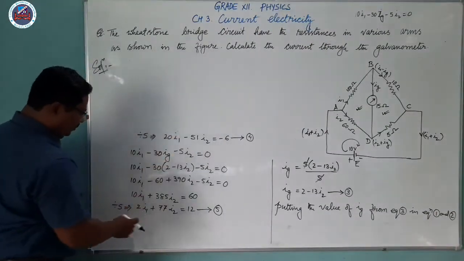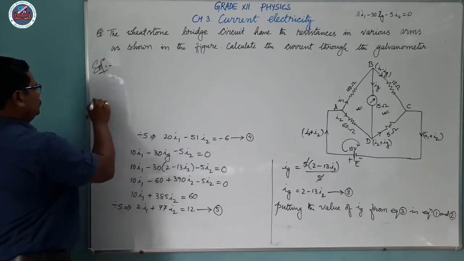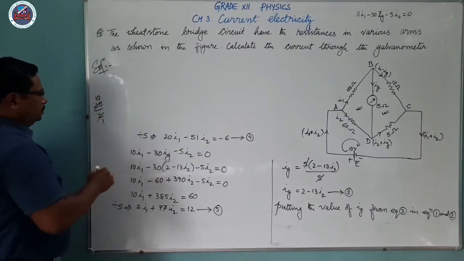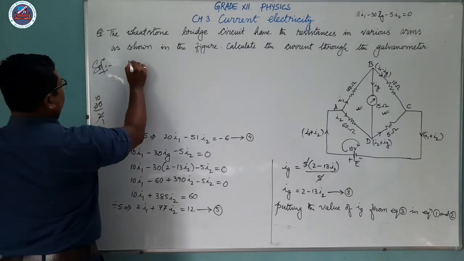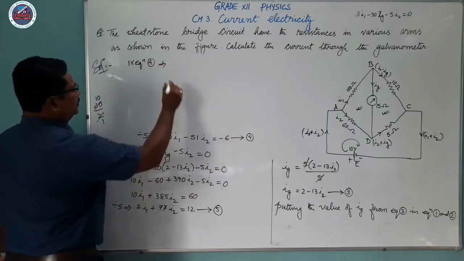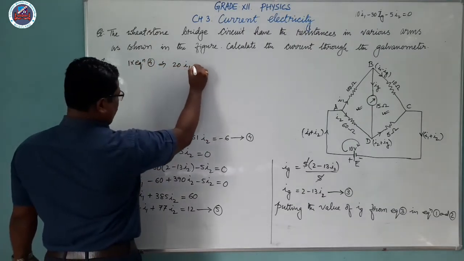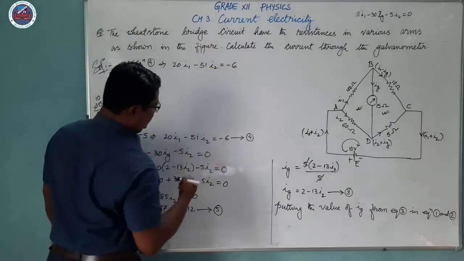We can check the coefficients 2 and 20, 20 and 2. 2 tens are 20, 2 ones are 2. So with 1 we will multiply equation number 4. 1 into equation 4 will give us the same thing: 20 I1 minus 51 I2 is equal to minus 6.